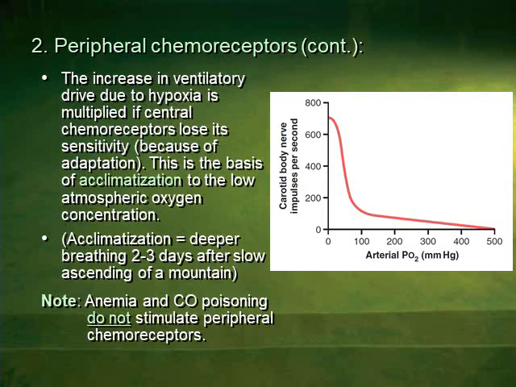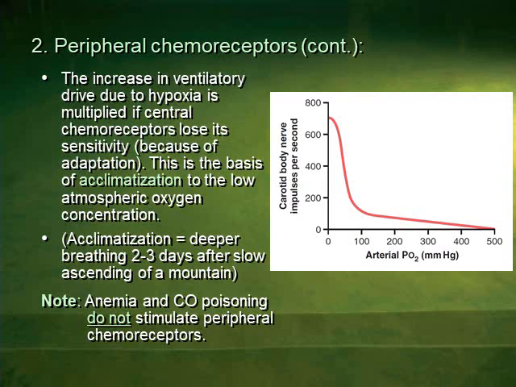But the respiration will not be changed greatly initially, for a very simple reason. When there is an increase in the respiration, that means there is an increase in the washout of carbon dioxide from the body. And this will decrease the level of the carbon dioxide at the central chemoreceptors.